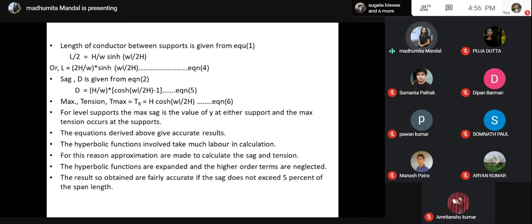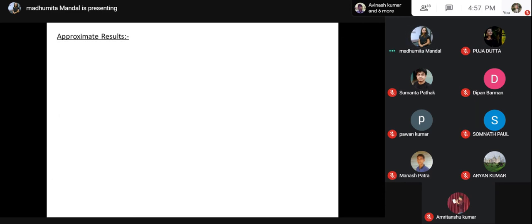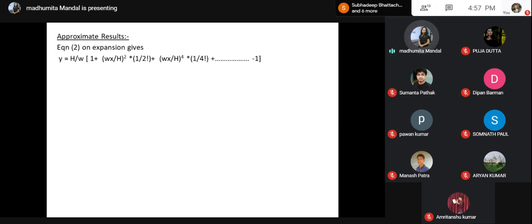So if we expand this hyperbolic function, we will get the approximate results. So let us take the equation for sag, equation number 2, y is equal to h by w into cosh(wx/h) minus 1.